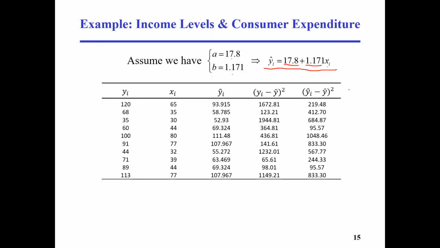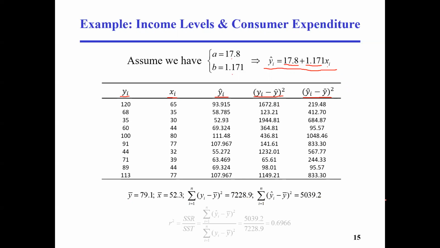So this is a formula you have, right? So we have yi, xi, predicted y, and the different squares listed in this table with 5 columns, right? So in order to do the test, we need to calculate y bar, x bar, and these two sums. Okay, these two sums. And we first calculate R squared, right?